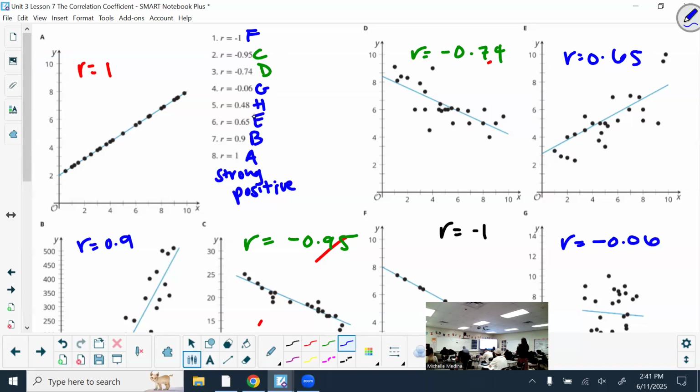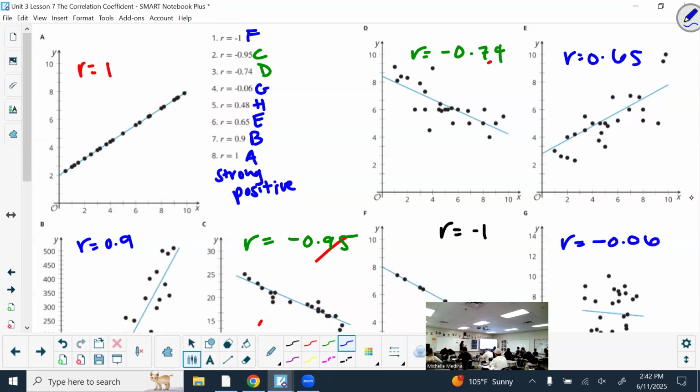All right, so you can do it from a graph, like strong means linear. Positive or negative means is it going up or down? Be able to rank these from strong to weak just based off of the R values too. Because like I told you, strength has nothing to do with the sign.